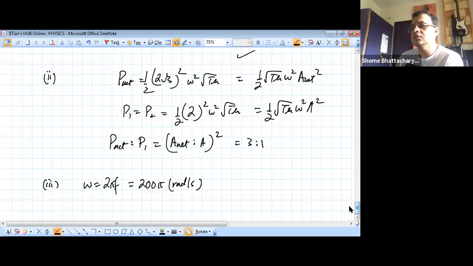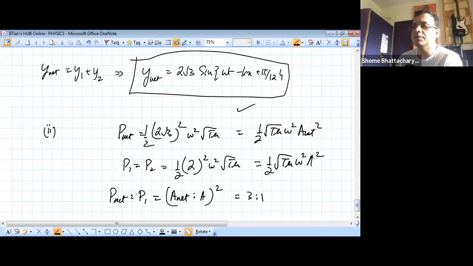Pi by 6 is, oh sorry, yes correct, it is pi by 6, my mistake, yes, it's 2 pi by 12, 1/12 of a full phase. This is pi by 6, this will be basically 30 degrees. Right. Yes, Ashwin, that's correct. Aditya.